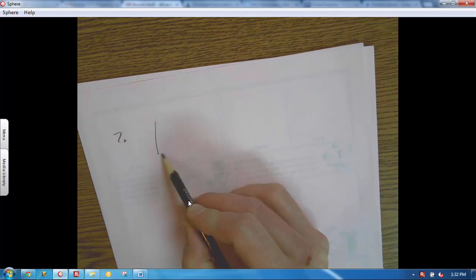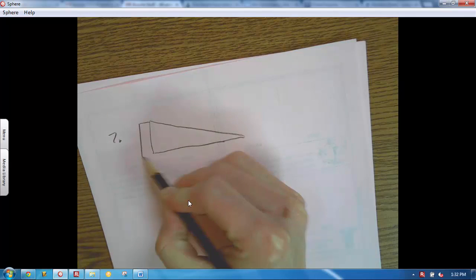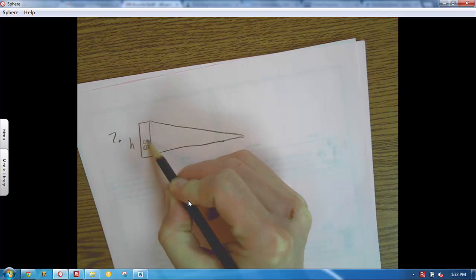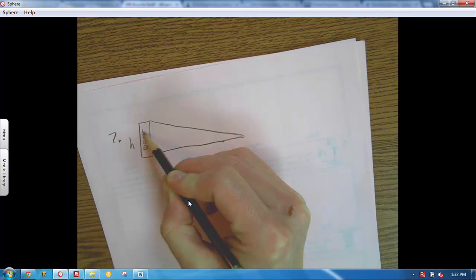You can't see the picture, and I always like to sketch it myself anyway. So basically we've got a building that is over here, and it is h feet tall. Put in my windows here.